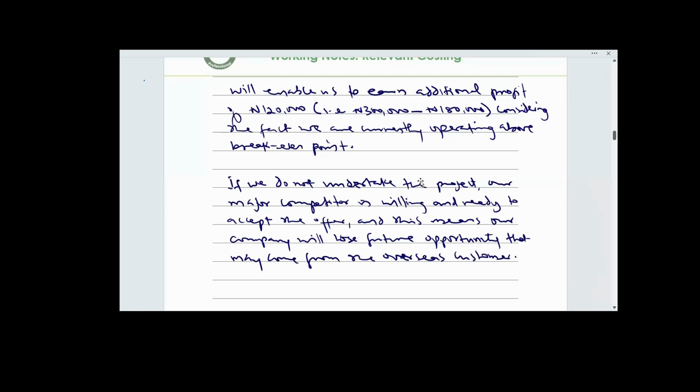So all the information we have in the question, we have embedded it in our report.